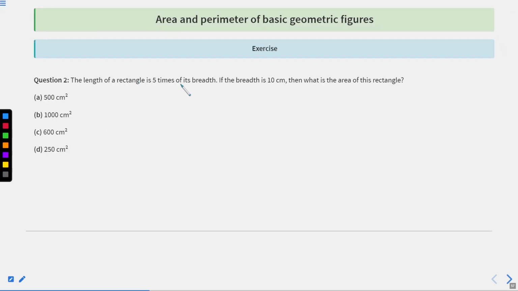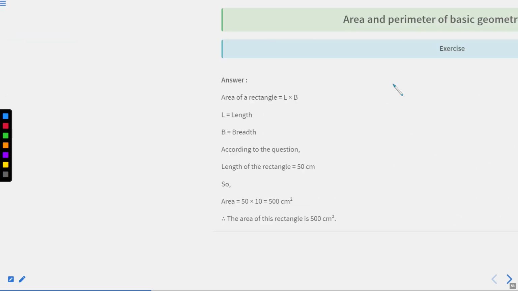The length of a rectangle is 5 times its breadth. If the breadth is 10 centimeter, then what is the area of this rectangle? So again, we are given a rectangle and a relation between length and its breadth is given to us. And we have to find the area of rectangle.